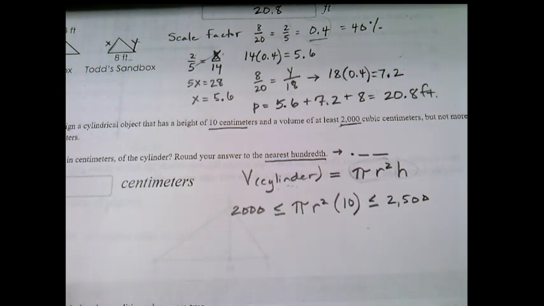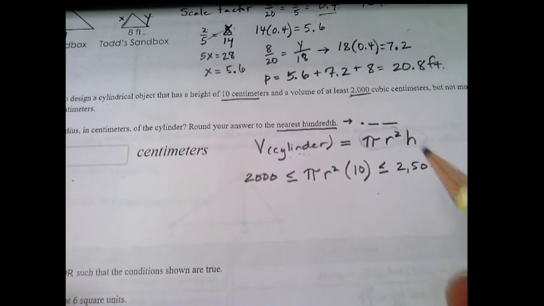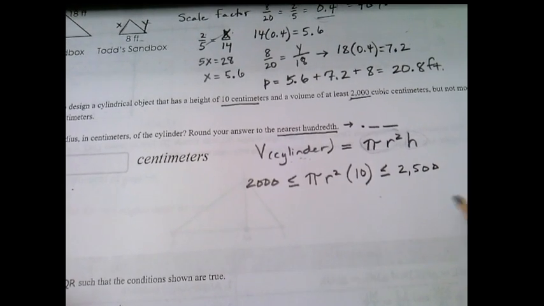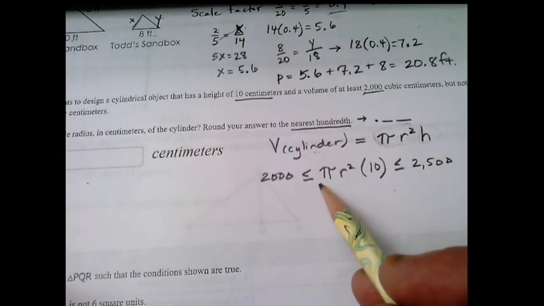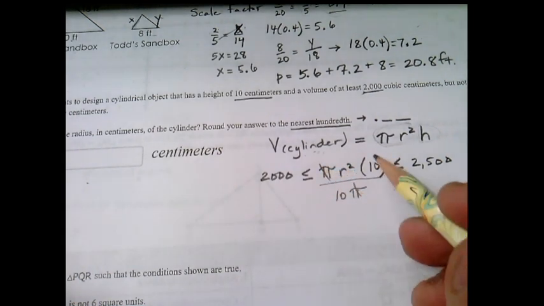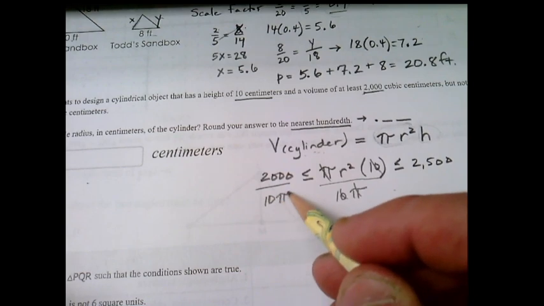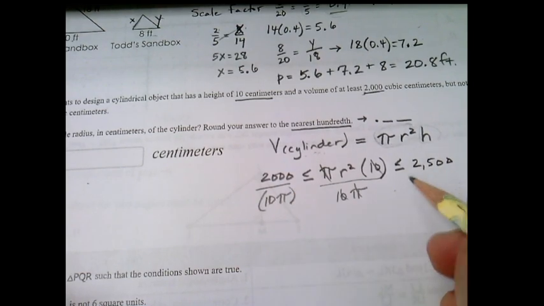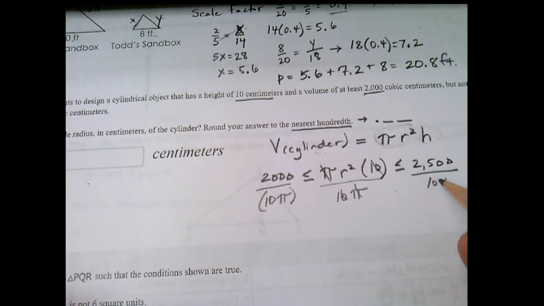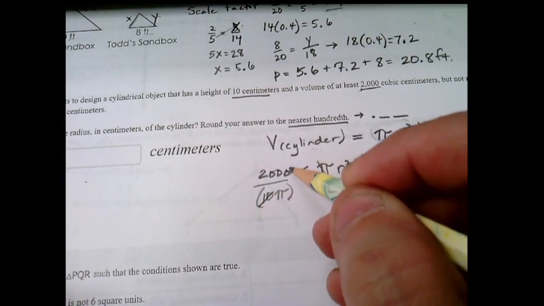But here's how you can solve this algebraically. If you divide everything by 10 pi, pi's cancel out, 10's cancel out. Now remember, keep it in parentheses here. In fact, what I would probably do, if I divide by 10, I can get rid of a 0 here.